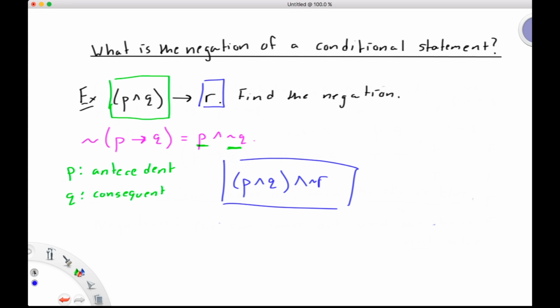I think the tendency with something like this is to want to apply negations to everything and even negate the P and Q here, but we don't need to do that in this case. A conditional's negation only negates the consequent and leaves alone the antecedent. It leaves alone the part before the arrow. It does negate the part after. And so I think that's an important thing to keep in mind.